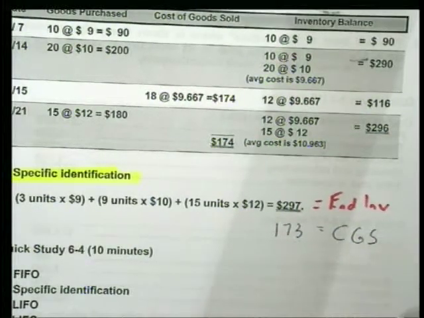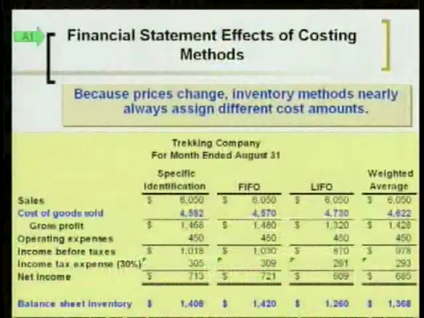Now we've gone through all the homework, haven't we? Okey-doke. Let's switch over to your PowerPoints. I want to take a look at a specific slide here. This one right here.